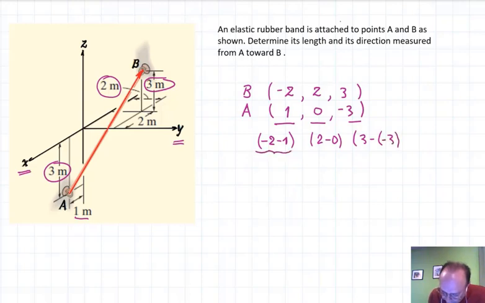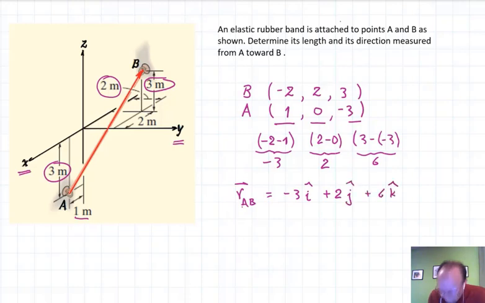So this is -3, 2, 6. So the position vector of B with respect to A, so RAB, is equal to -3i plus 2j plus 6k.